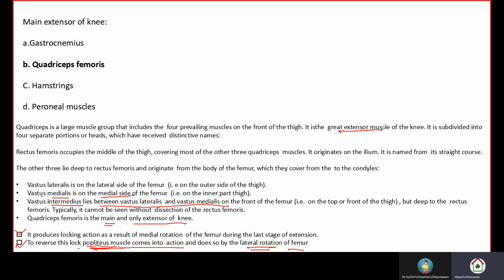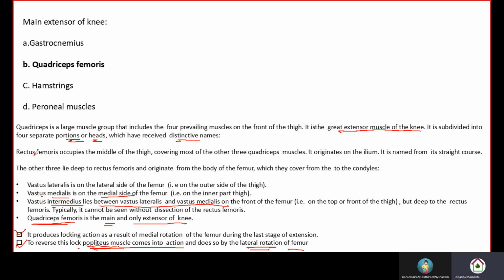It's the great extensor muscle of the knee, subdivided into 4 separate portions or heads, which have received distinctive names also. Rectus femoris occupies the middle of the thigh, covering the other 3. It originates on the ilium and is named for its straight course. This is the quadriceps femoris, main extensor of the knee.